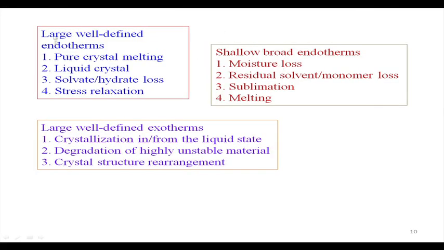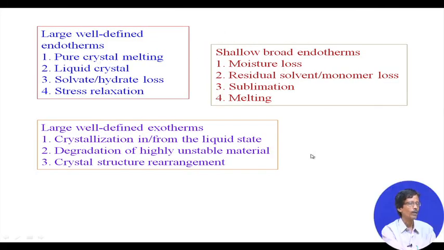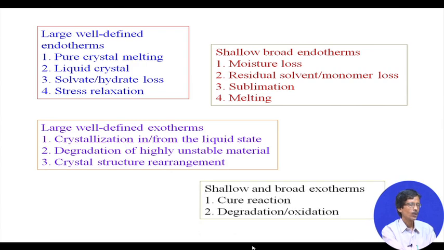So crystal structure rearrangement can also be accompanied by large well defined exothermic processes. The last one, the 4th one, will be shallow but exothermic. So shallow and broad exothermic processes are for a curing reaction.